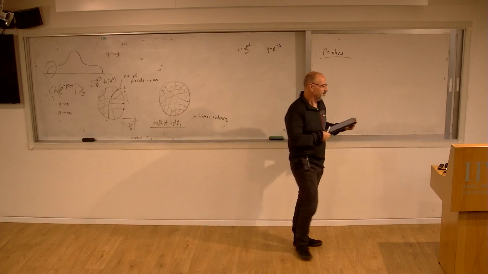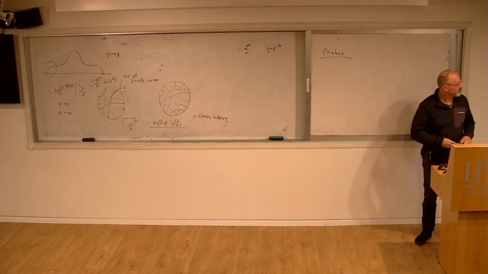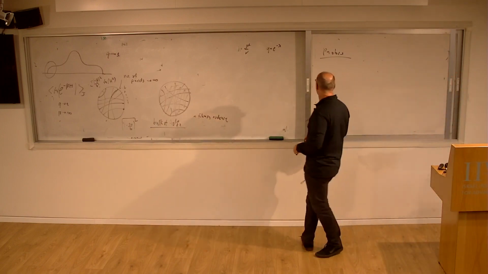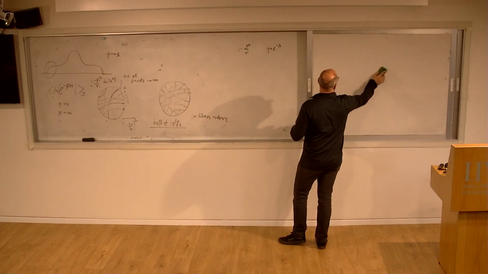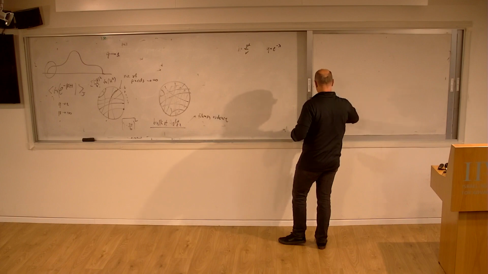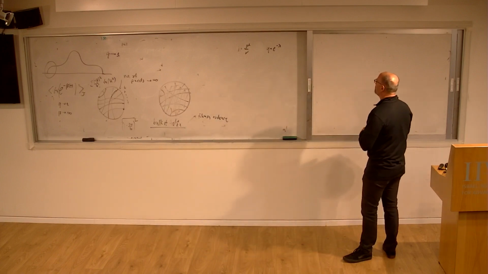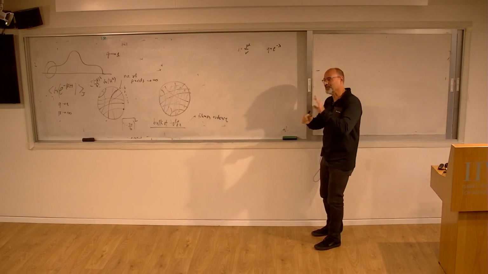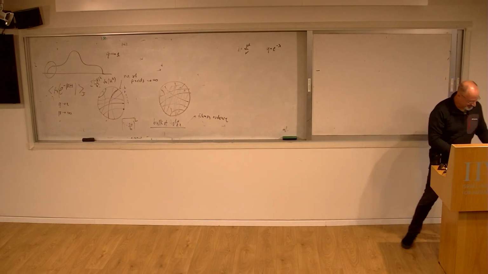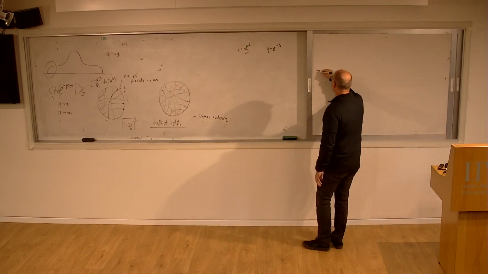So let me jump ahead, not quite what I was planning, but let me jump ahead. This is a preview, a little bit. Okay, so let me not do it systematically.